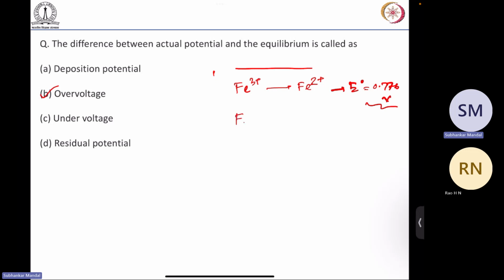But when I am doing it in practice, Fe2 plus going to Fe3 plus happens at 0.81 volt. That means it is taking extra potential, around 0.2 volt maybe. So this extra voltage, or extra energy that we are giving, is called over voltage. Okay, so this is the thing.